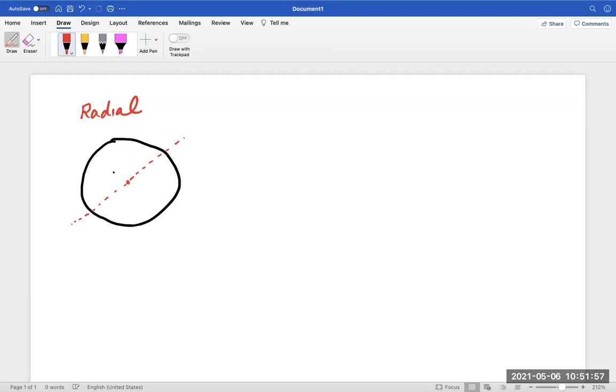So this looks the same as this side. Sorry, I meant to go through the center. It's going to give you equal right and left. You can cut it like this and it's going to give you equal right and left. So that's radial symmetry.